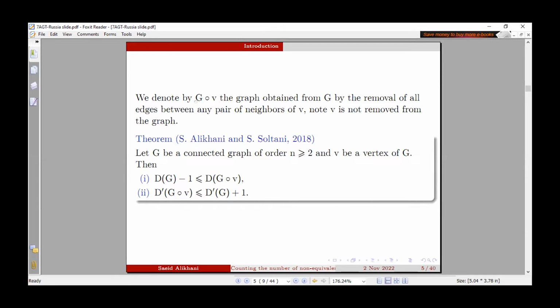Note that the contraction of a vertex v in the graph G, denoted usually by G∘v or G(v), or maybe G/v, is obtained from the graph G by removing all edges between any pair of neighbors of v. And here, note that the vertex v is not removed from the graph.